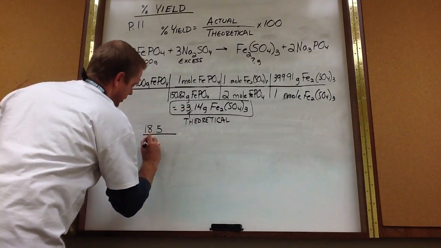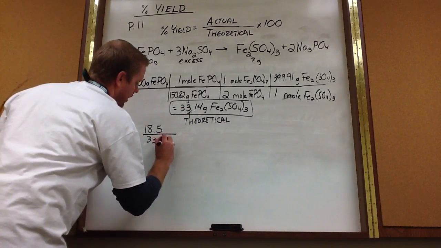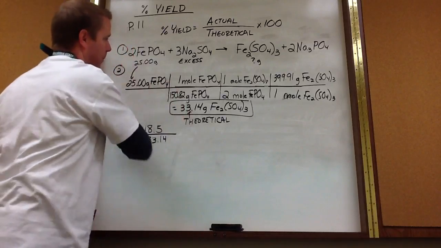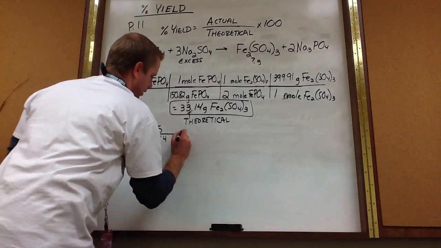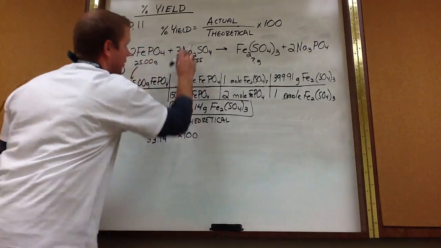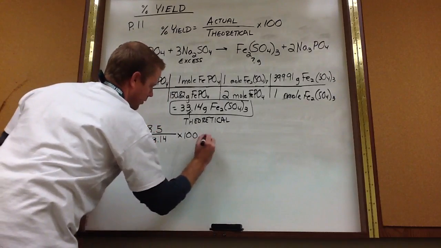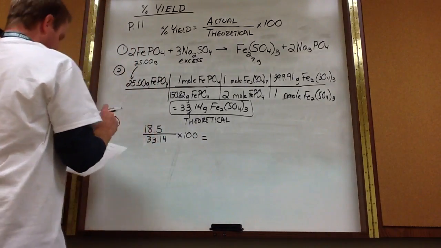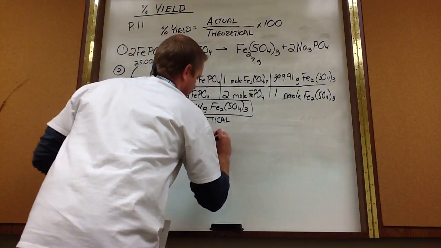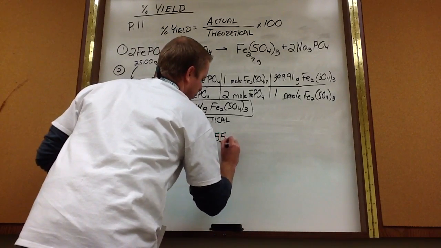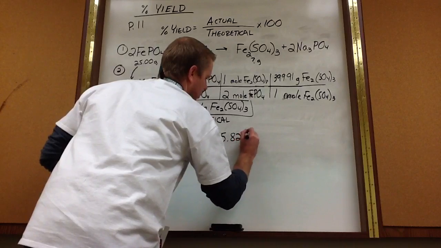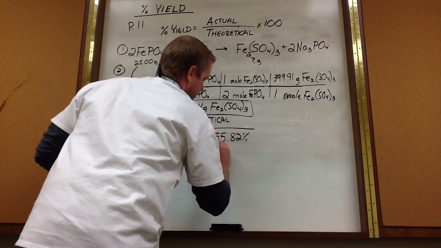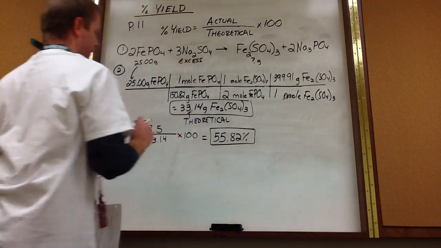You should have gotten 33.14. Again, you will always get this from a problem that you calculate. Times 100, why? Because it's a percent yield. So that equals, and we are going to round to the hundredths place, so therefore the answer is 55.82%.